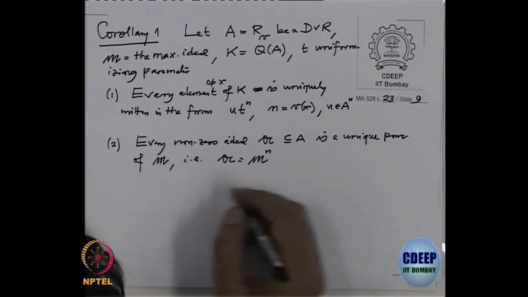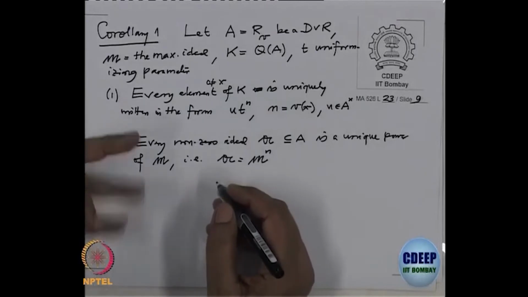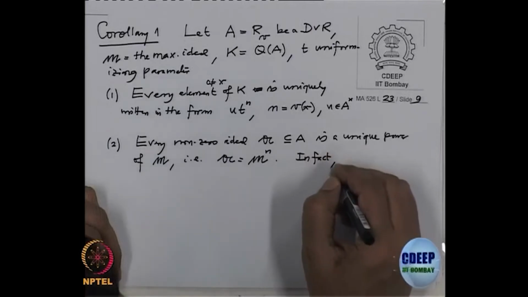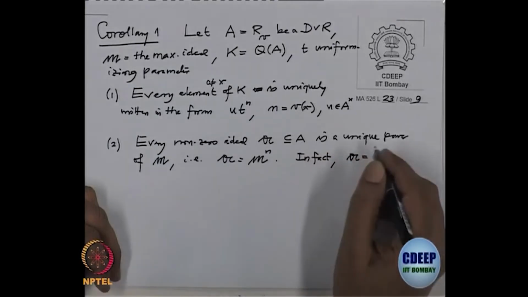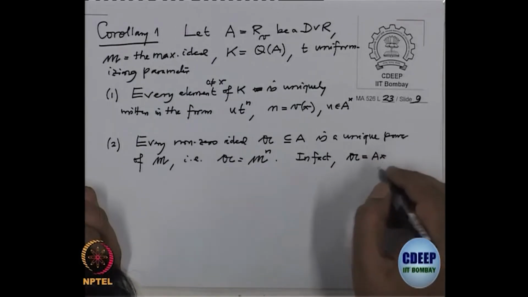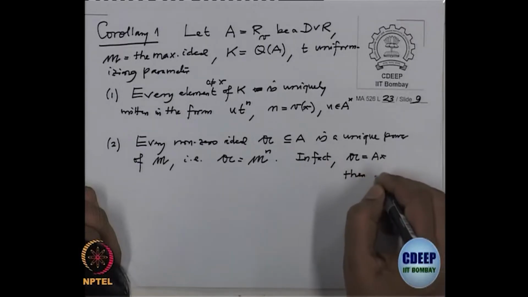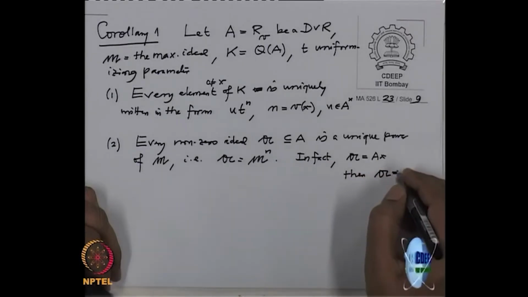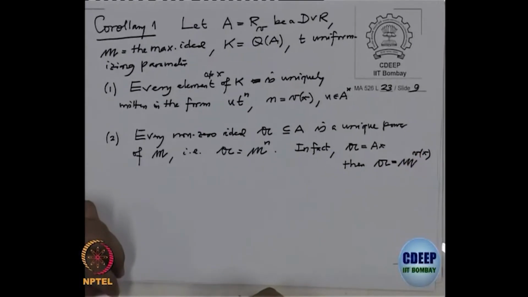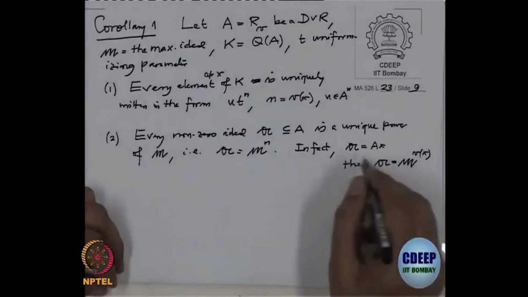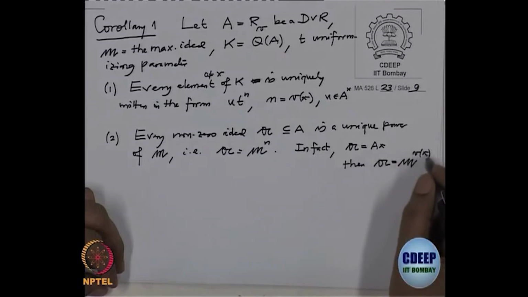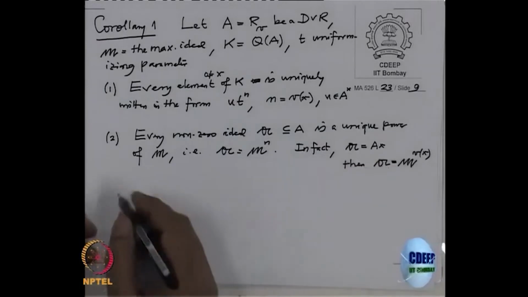Actually, in fact, if a is the ideal generated by x, then a is M to the power V of x. We know a is a principal ideal, so this is a power given by the value of x, the generator of a.